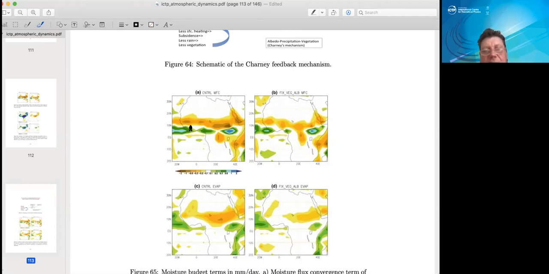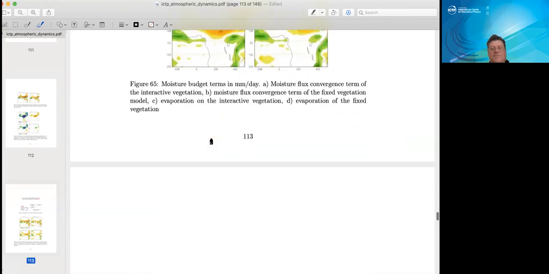And quite surprisingly, maybe one would have guessed that it should be mostly induced by moisture flux convergence, because the Sahara is quite dry. But since we are in a region where we already have rainfall, there's quite a strong contribution already from local evaporation. So probably 30 to 40% of the rainfall response in that region is given by the local evaporation and the rest by the moisture flux convergence.